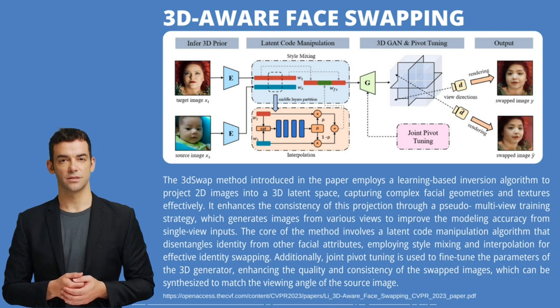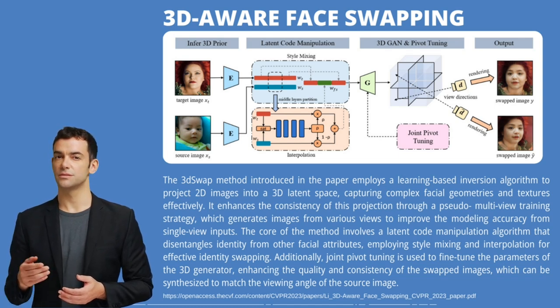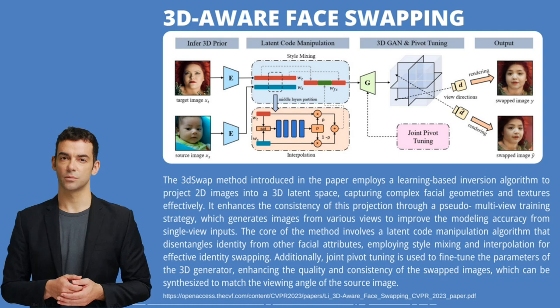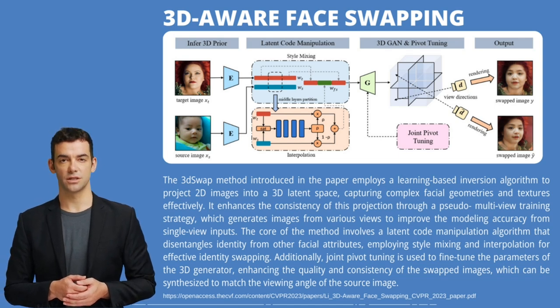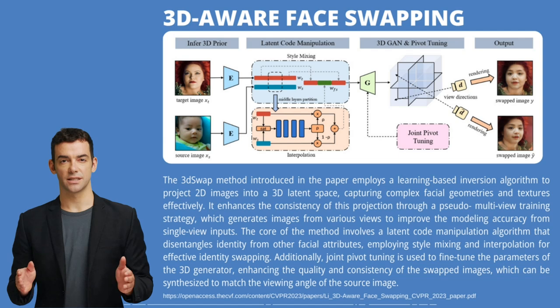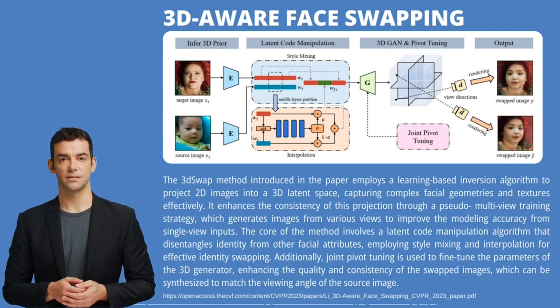The core of the method involves a latent code manipulation algorithm that separates identity from other facial attributes using style mixing and interpolation for effective identity swapping. Additionally, joint pivot tuning is employed to fine-tune the parameters of the 3D generator, enhancing the quality and consistency of the swapped images, which can be synthesized to match the viewing angle of the source image.